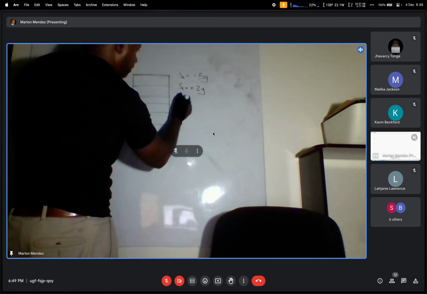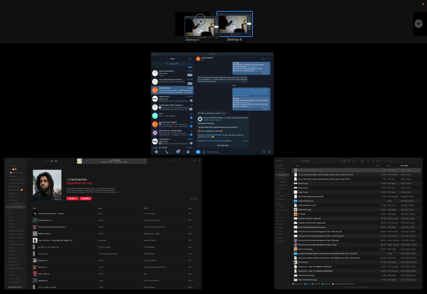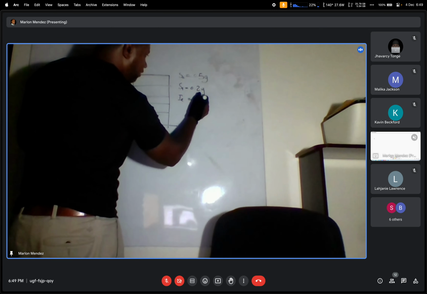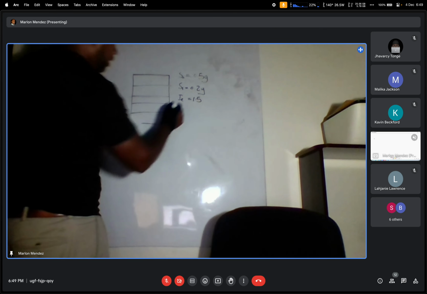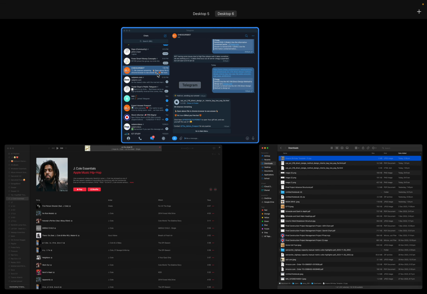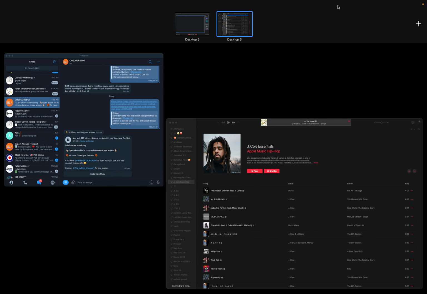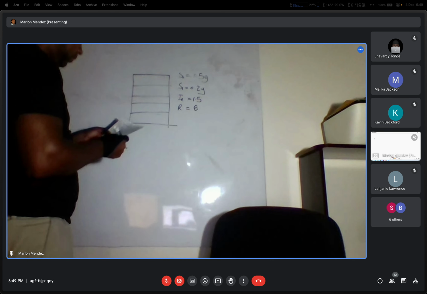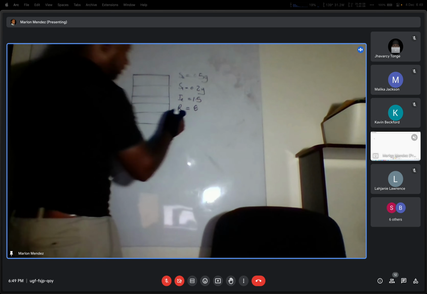The importance factor E is equal to 1.5, and R, the response modification factor, is equal to 8.